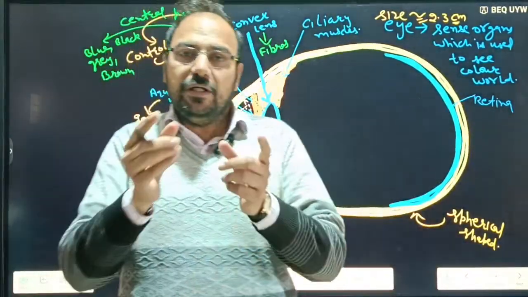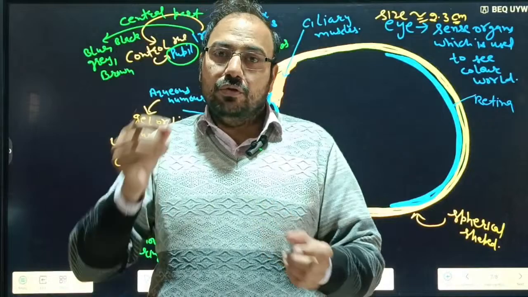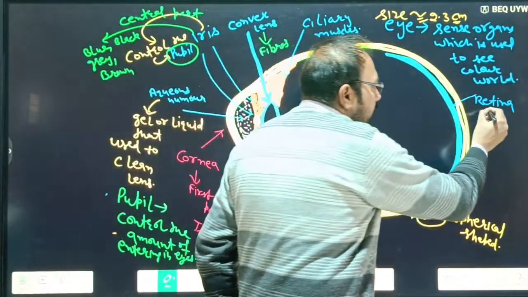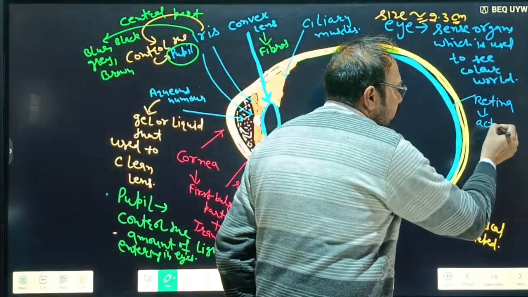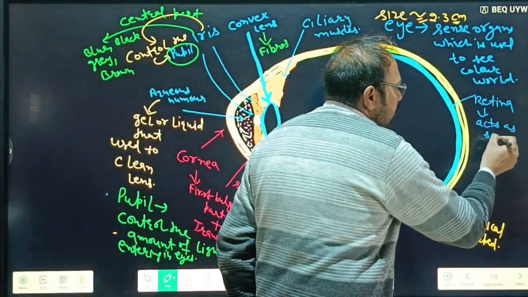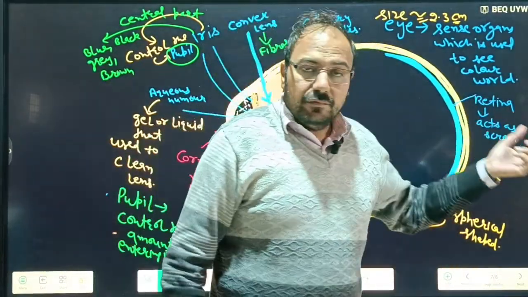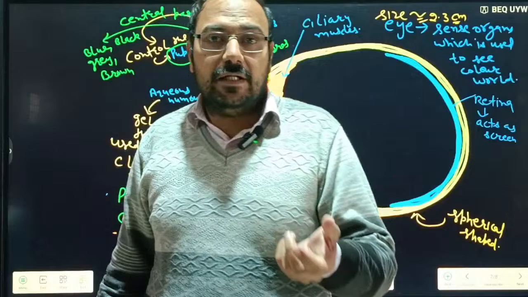For example, if we take a photo from a camera, that photo is made on a screen. So here this acts as a screen. And these are also made of muscles and fibers.